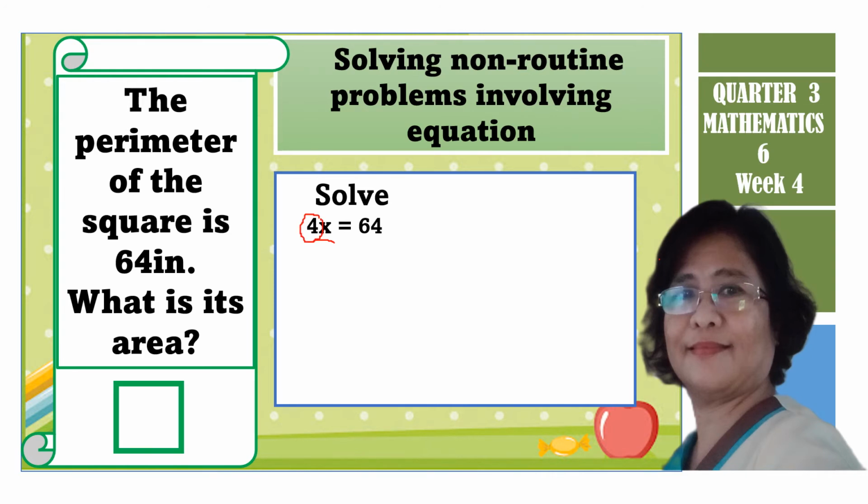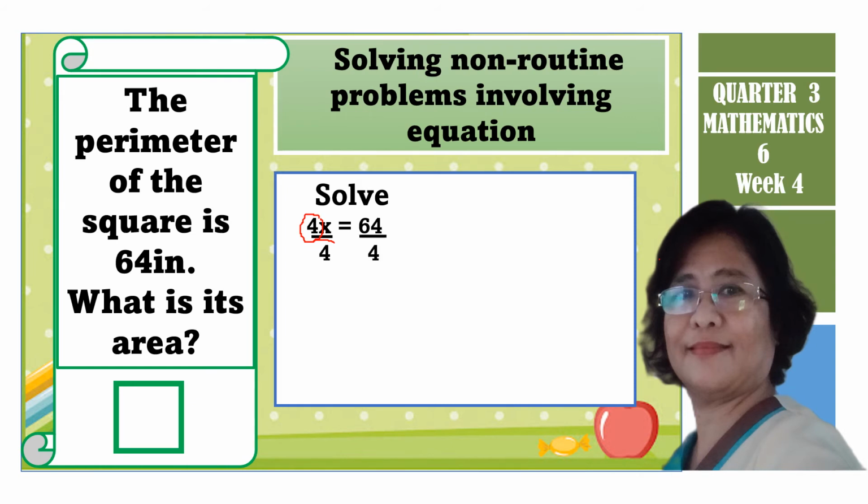So 4x, meaning the operation here is multiplication. So we have to undo the operation. So since this is multiplication, we are going to divide this one. The opposite of multiplication is division. So let us now divide 4x by 4 and 64 by 4.